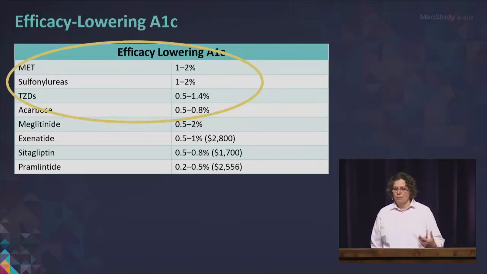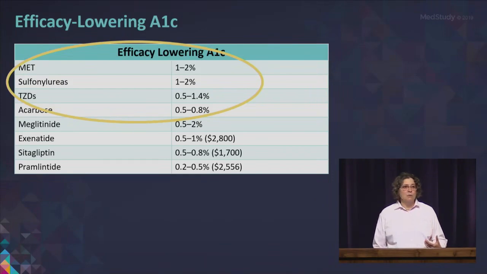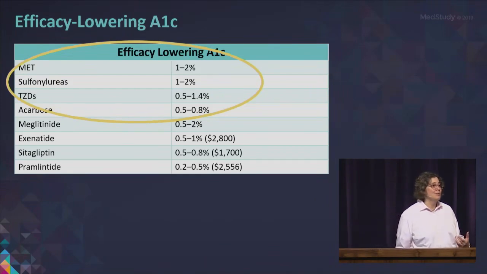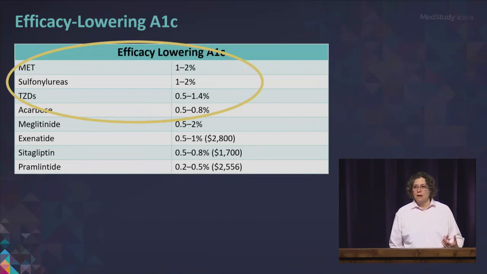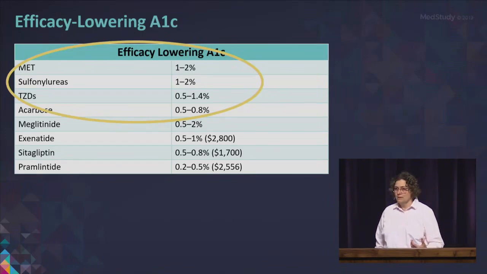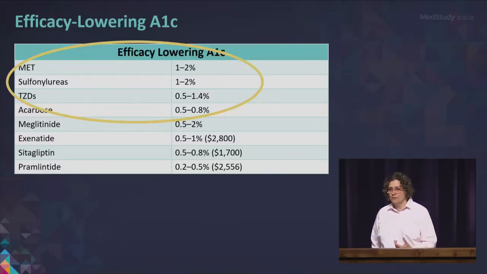The best drop of A1C that you're going to get is probably about a point. And some of our newer, fancier medicines don't even drop it by a point in A1C. So it is important to realize that cost needs to be factored into this. And cost does not predict efficacy.